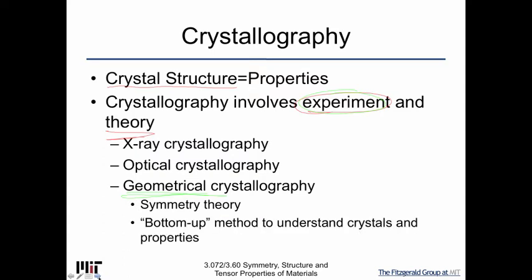So this is a bottom-up method, if you will. You could do a bottom-up method in physics where we put the atoms together and then use Schrodinger's equation to understand how they could interact and how to minimize energy. That's one method. Here, it's kind of a shortcut.